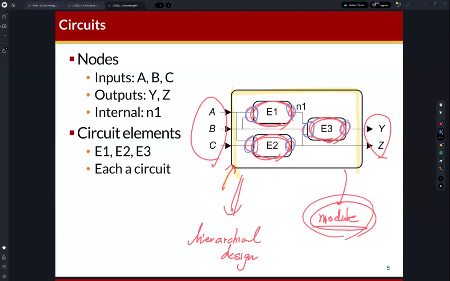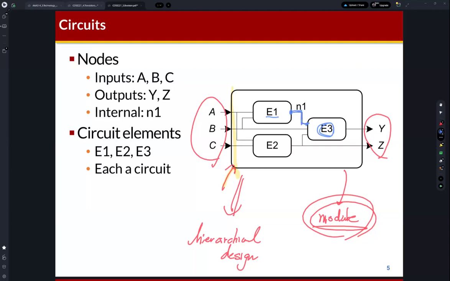And then the output and input of these modules are connected, right? In this example, as you can see, the output of module E1 is connected to the input of module E3. So it's an electric component.